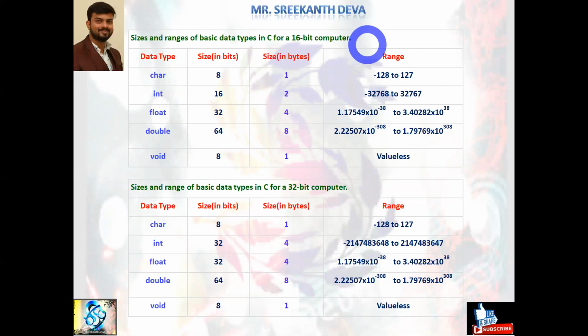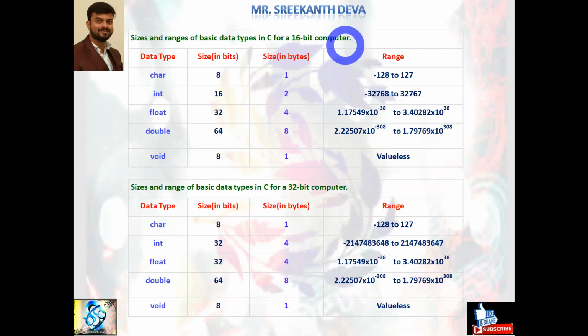Assume sizes and ranges of basic data types in C for a 16-bit computer machine. See, in computers the bits vary. Some computers have 16-bit operating systems, some have 32-bit operating systems, and some have 64-bit operating systems. C has one major drawback: based on the bits of a particular operating system, the sizes are going to vary.